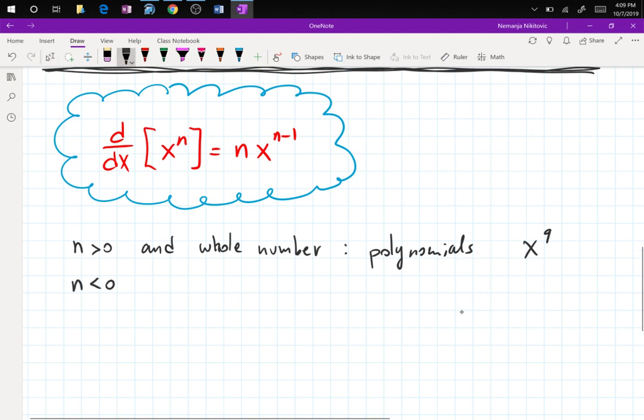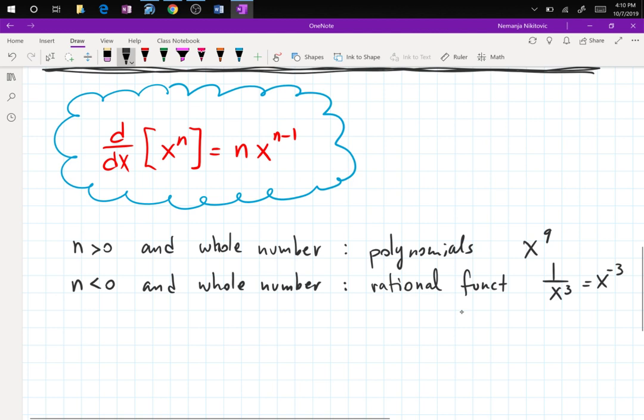If n is less than 0 and a whole number, we have rational functions. Like 1 over x cubed, which is x to the minus 3.